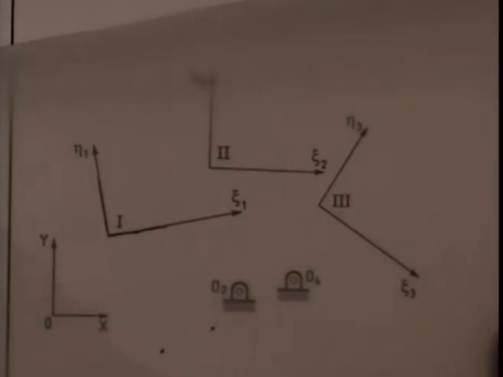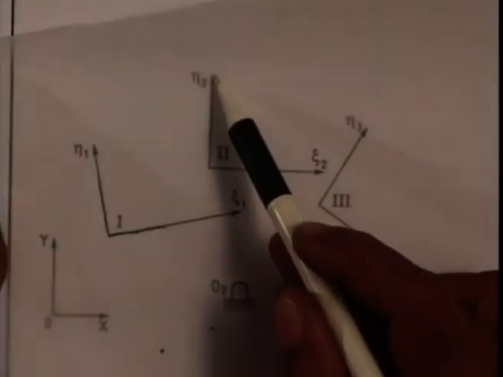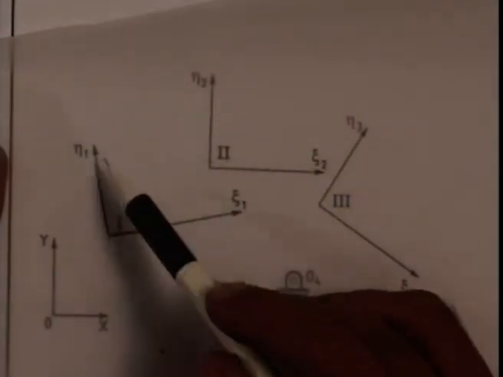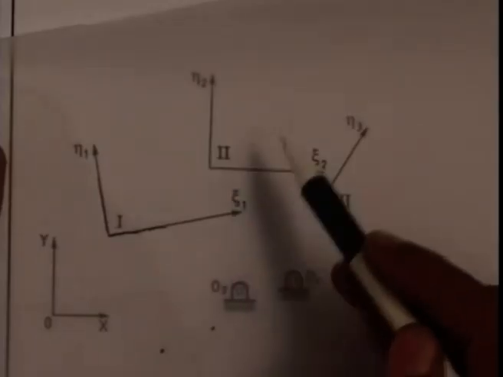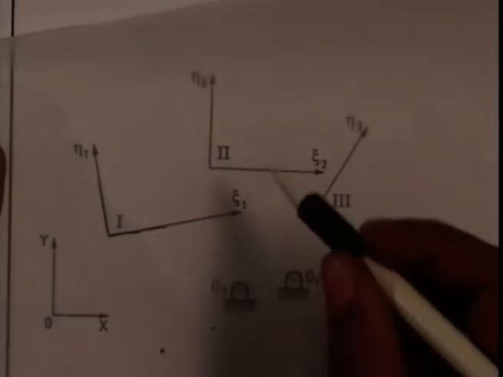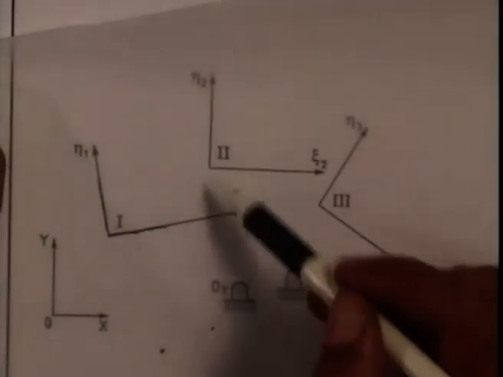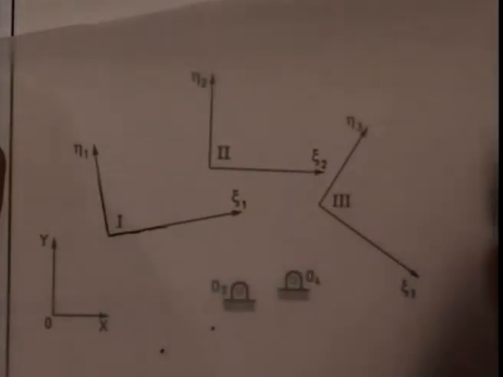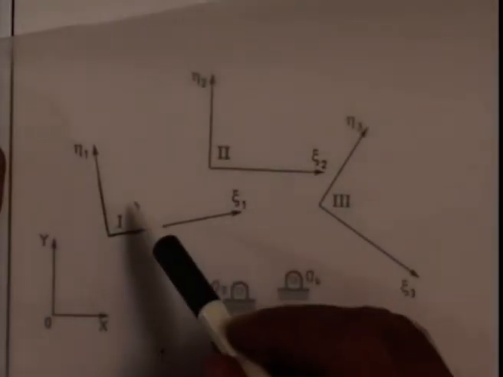So the second position, if I hold the coupler fixed in the first position, then O2 and O4 move to these two positions. This is O2, this is O4, having the same relative positions in the second configuration. But I have fixed the coupler in the first position.